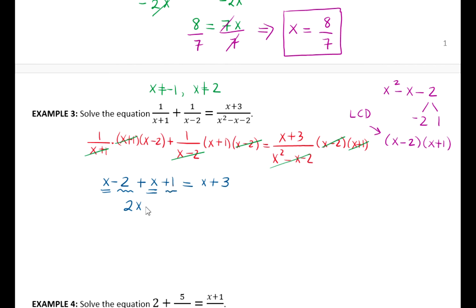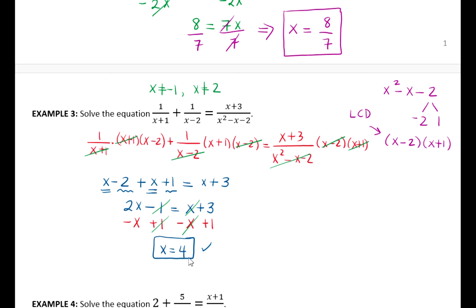So I got 2x minus 1 equals x plus 3. Now subtract x from both sides, and then add 1 to both sides. These two will cancel, and these two will cancel. So I got x equals 4. And 4 does not make any of the denominators 0, so yes, that's the solution.